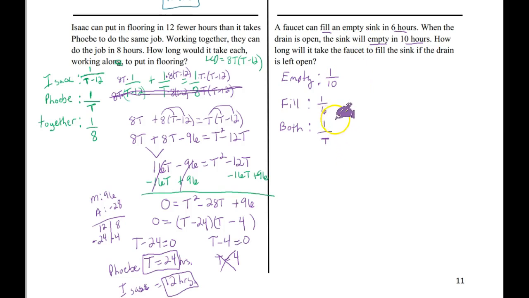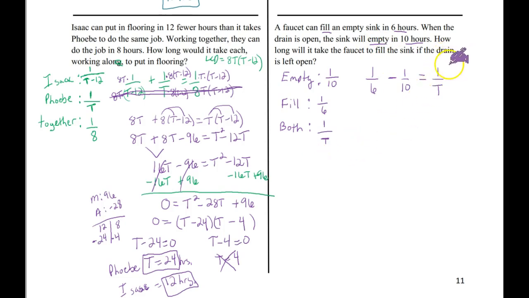So it's going to be the rate at which it can fill minus the rate at which it's emptying, right? So this is positive because it's going in the sink, and this is negative because it's draining the sink. So this rate minus that rate is going to be their rate together, where it ends up full while this drain is left open.